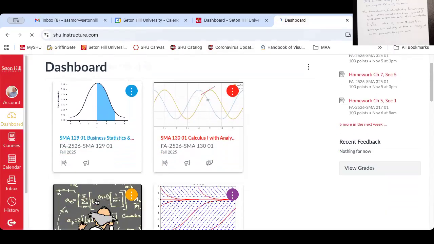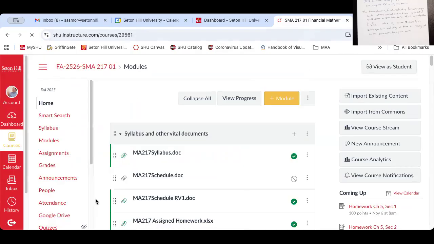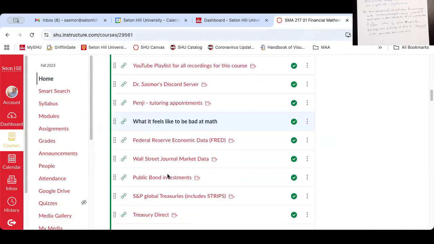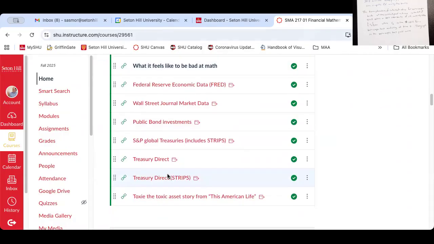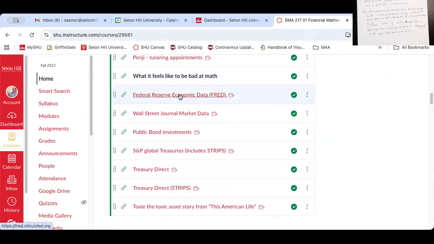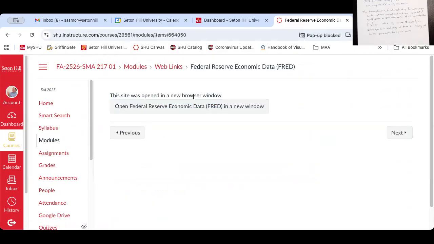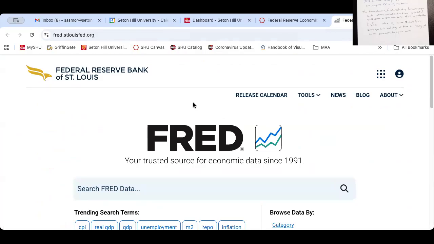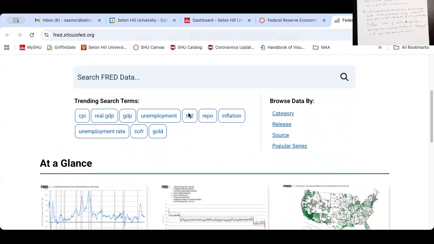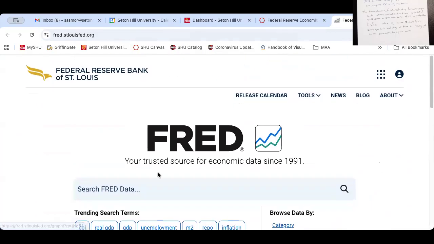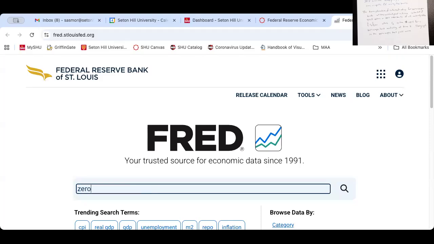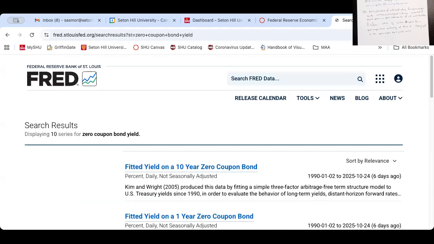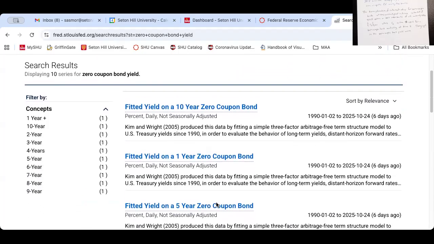Let me pull up our Canvas page. And in our web links section, there's this link to the Federal Reserve Economic Data, FRED. If I go there, I can get the zero coupon bond yield curve. I can pick terms.